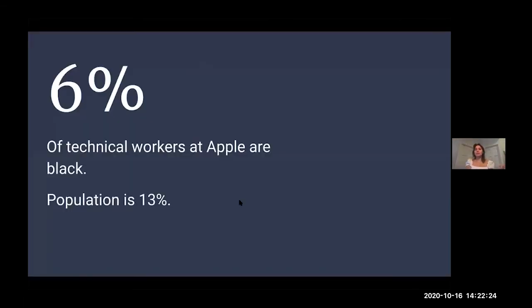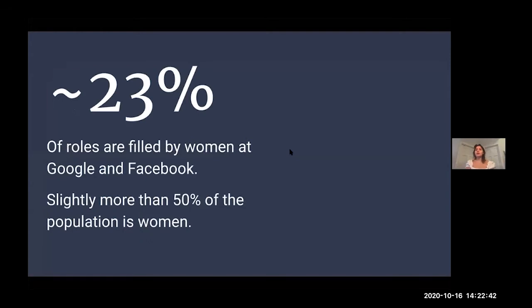We also have some pretty big diversity problems. 6% of technical workers at Apple are Black compared to the population in the United States, which is 13%. So 6% is pretty shameful, kind of from any perspective, but especially if you look at population, pretty not great. Approximately 23% of roles are filled by women at Google and Facebook.